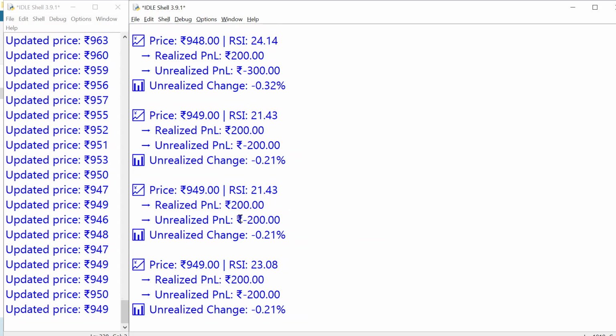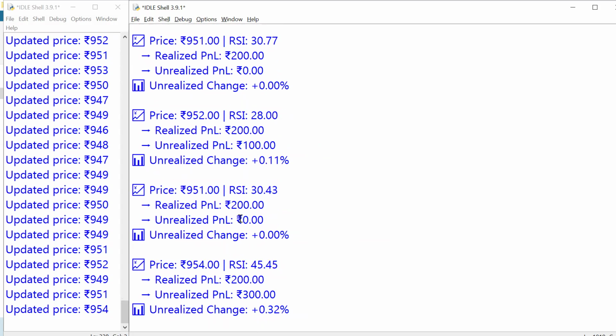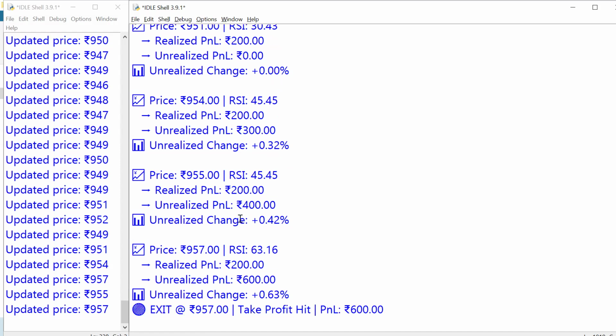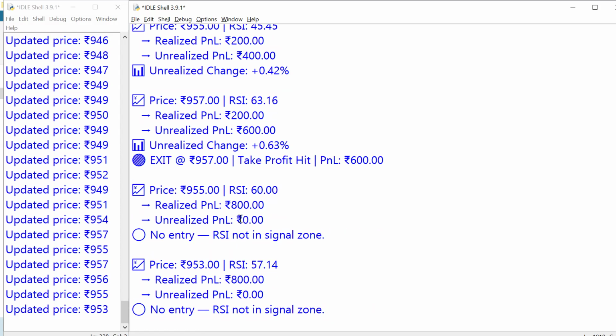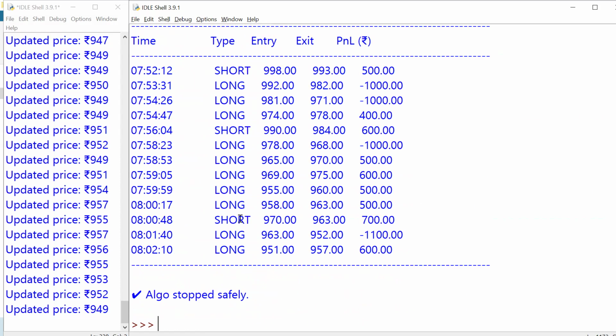Okay, long entry, because the RSI is below the value. So if you feel like 1% is okay, you can stop your algo. I keep on running this because it makes a profit in the end for sure. Okay, we have taken one more profit. If you are happy with this kind of profit, you can just stop your algo and come out of the trade.